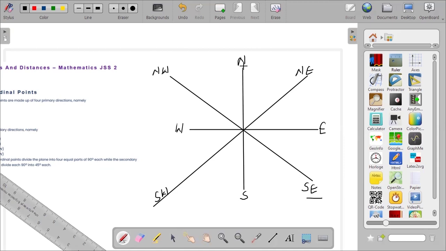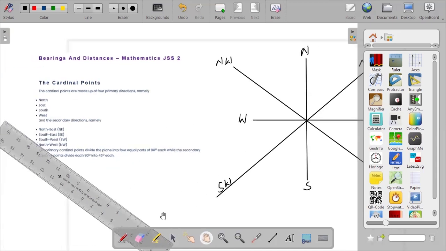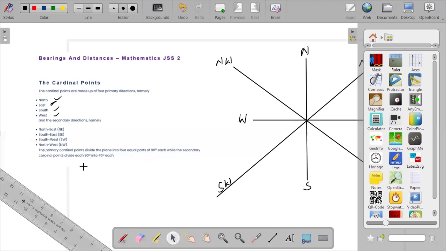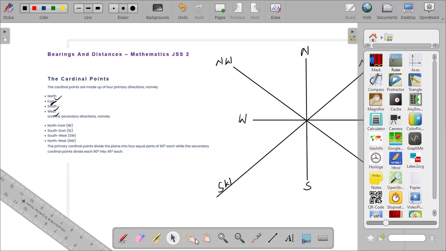So bearing is measured from north, from this vertical line, from the northern pole in a clockwise direction. We are coming to that, the definition of bearing. So in essence, the primary cardinal points are four: north, east, south, and west. And when these are divided into equal half, then you have the secondary cardinal points, which are northeast, southeast, southwest, and northwest.